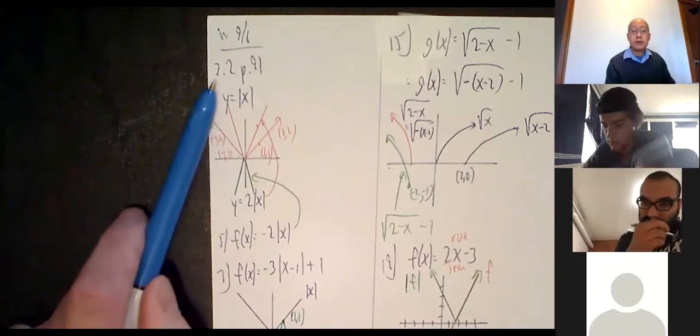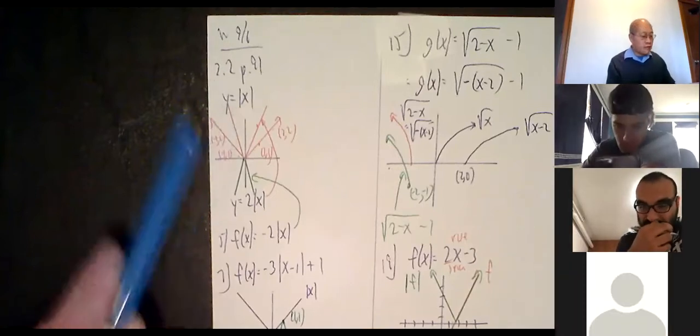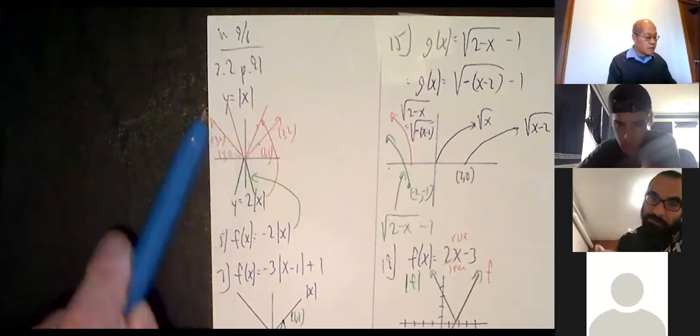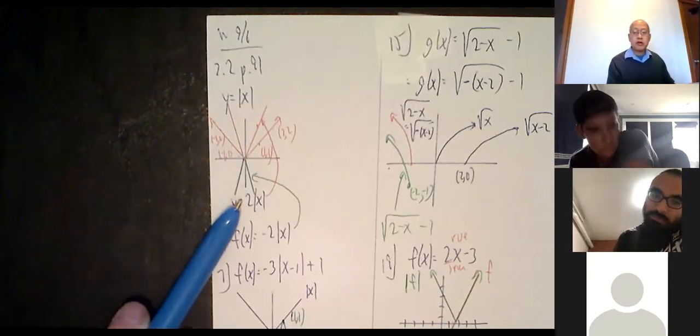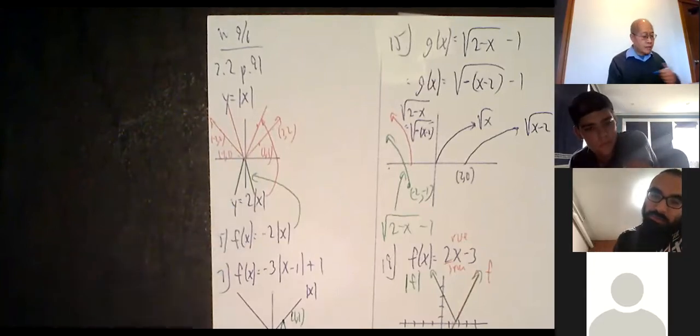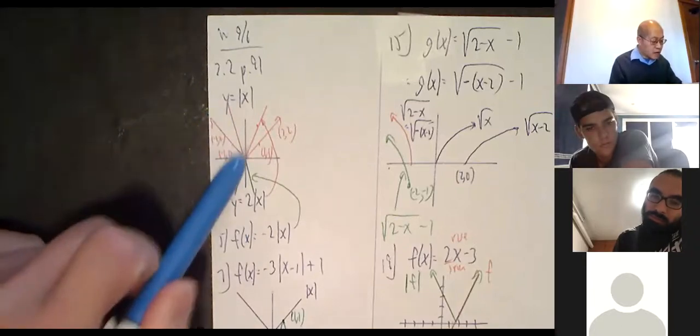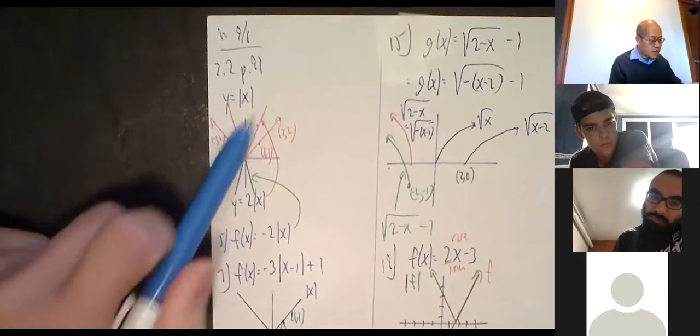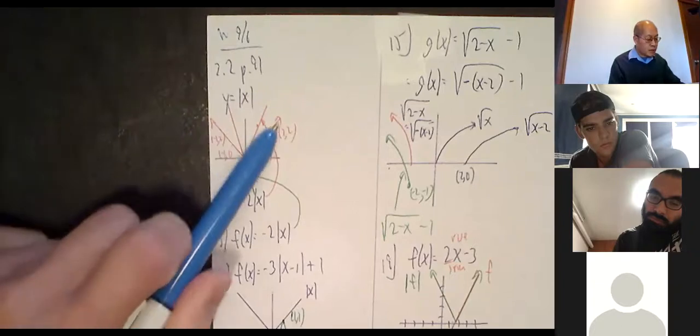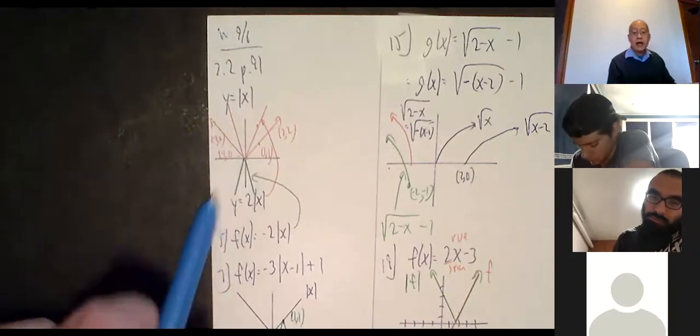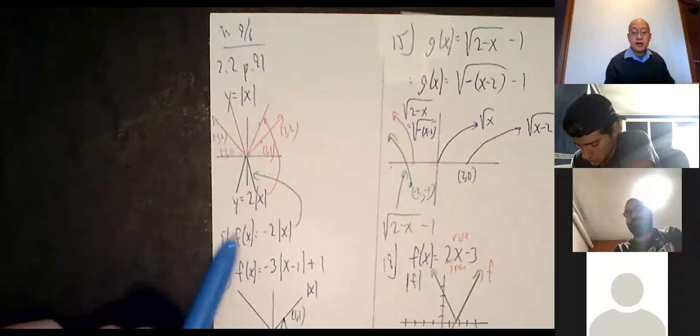So 2.2, for absolute value of x, again, your V shape. If you put a 2 in front, 2|x|, it becomes steeper. So see this V right here? This one is steeper than the original one. And here's the one where there's a -2.